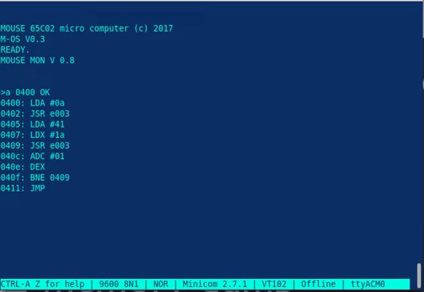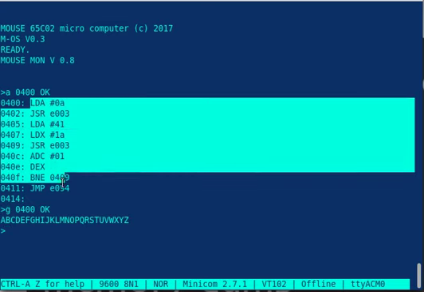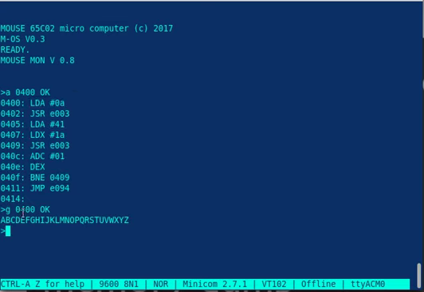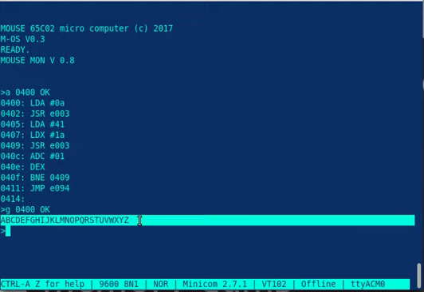JMP jump E094. Now it's waiting for the next line of input, which I don't give it because I've finished that. Press escape. Now press go. 0400. And that's all this code here. All this code here is telling the computer, the chip, to output the alphabet on one line.